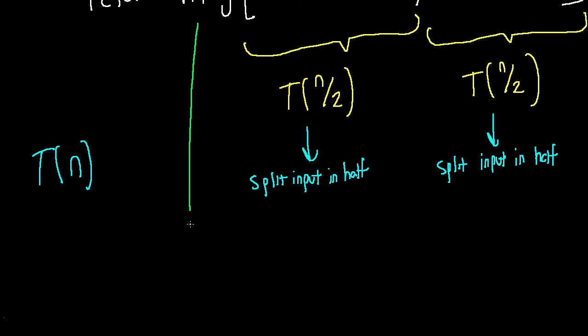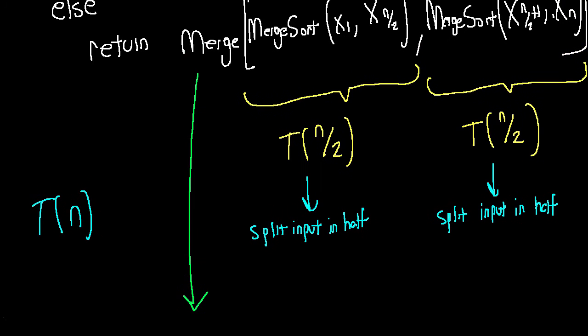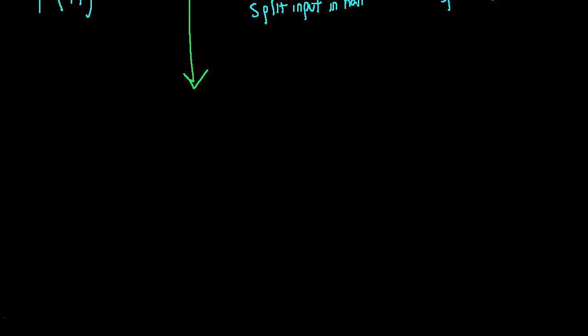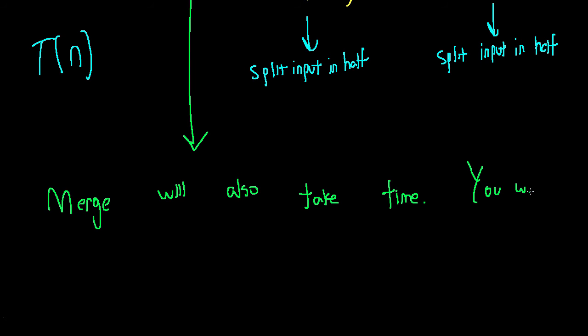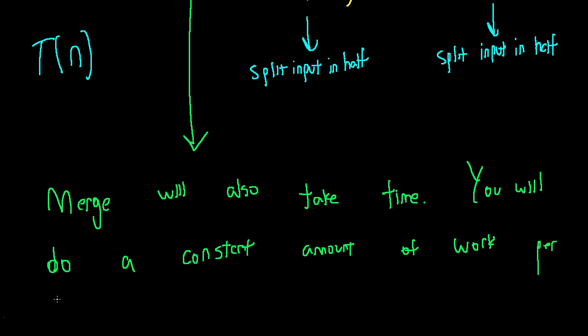So the merge over here, and I'll just scroll up again, that arrow is connected to merge. Merge will also take time. You will do a constant amount of work, I should say, per comparison, right?